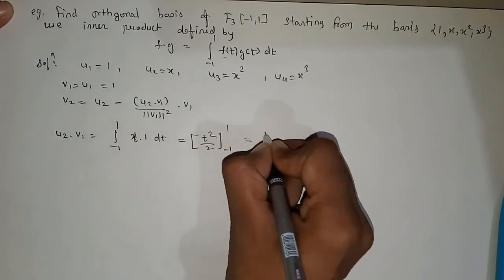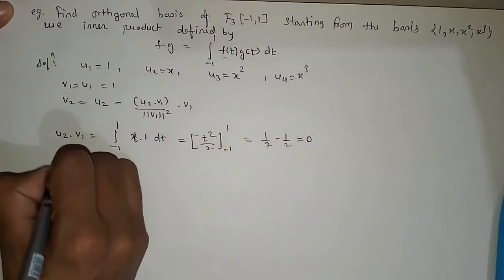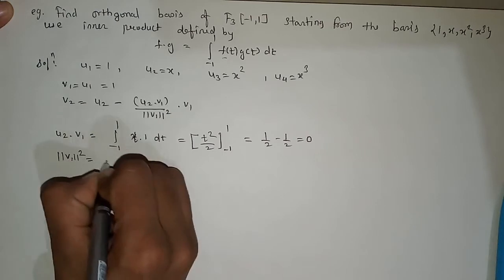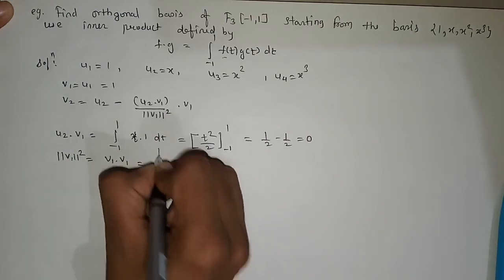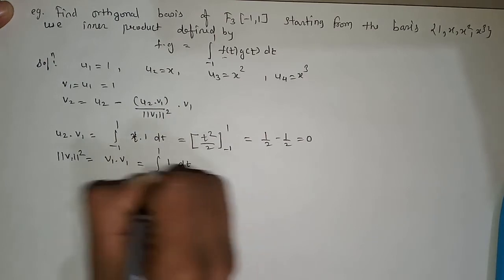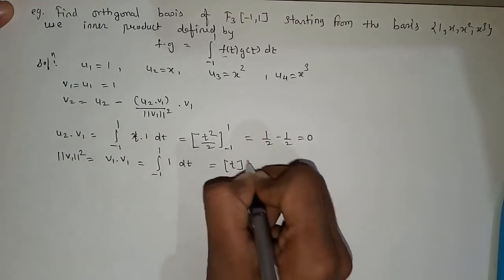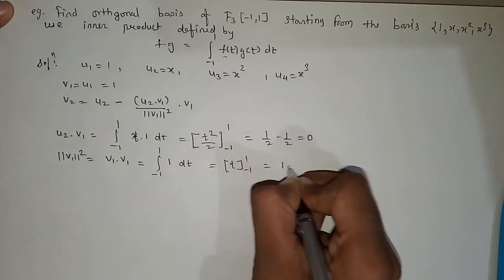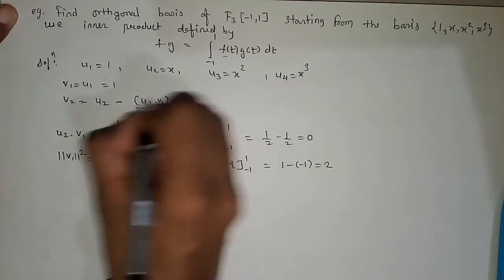So this becomes 1 by 2 minus 1 by 2 is equal to 0. Similarly, norm of v1 square is equal to the inner product of v1 and v1. This is equal to the integral from -1 to 1 of 1 dt. Since the value of v1 is 1, now t integrated from -1 to 1. So this becomes 1 minus of -1 is equal to 2. Now we will put the values over here.